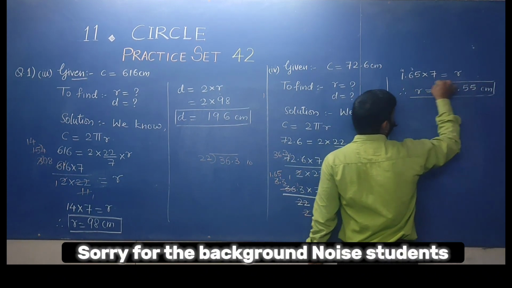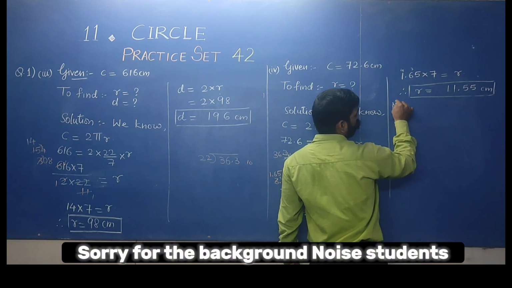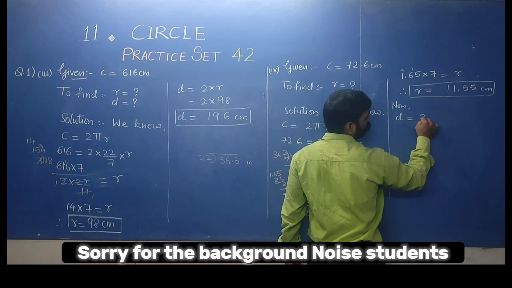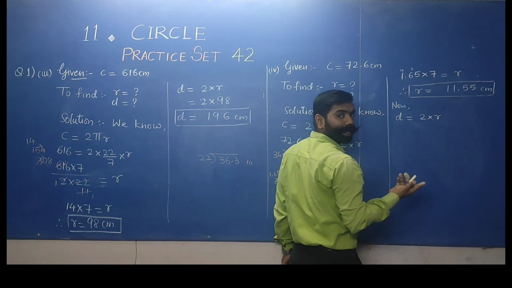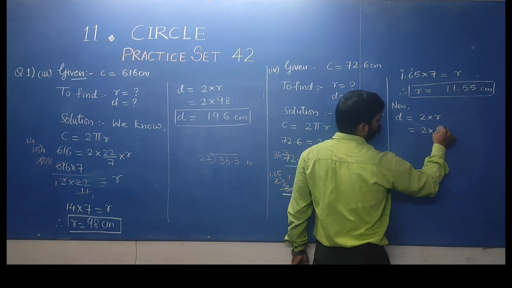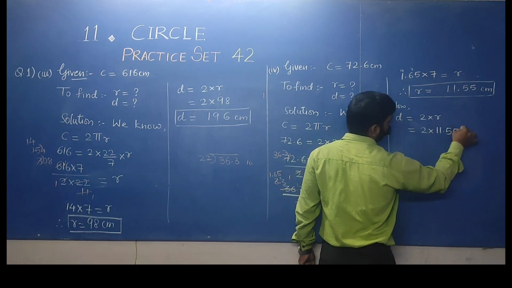This is our radius. Now, how to find diameter? Diameter is nothing but 2 multiplied by radius. So what we will do? We will keep the value for radius. Radius is nothing but 11.55.